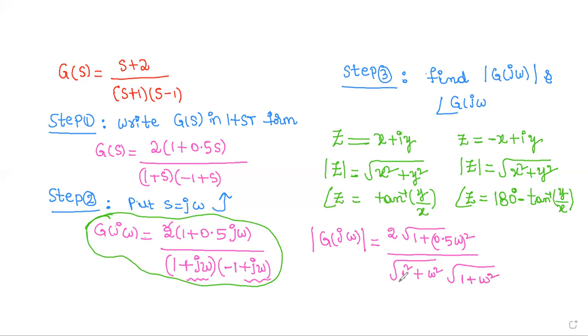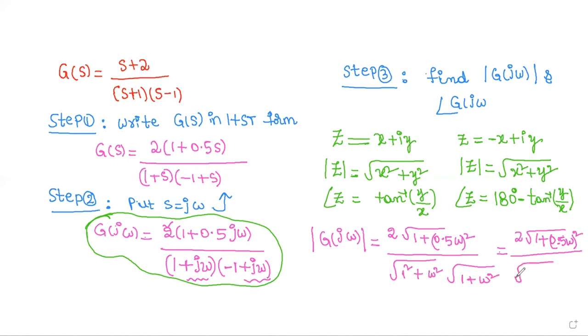If we simplify this, we are left with 2 root over 1 plus (0.5 omega) whole square by root over, and both are the same, 1 plus omega square, 1 plus omega square.